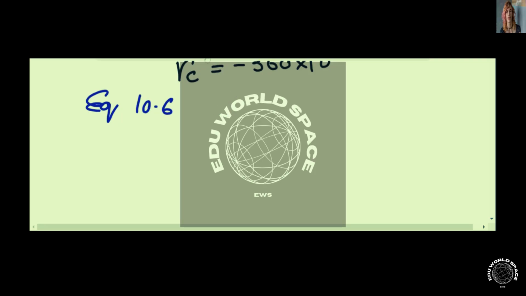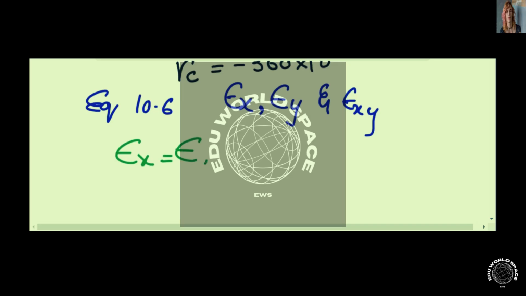So now, what are the strain components? They are the strains that are acting in the x and y direction, and the strain epsilon sub xy, right? Now, since the rosette is arranged in a 45-degree pattern, we can say that the strain acting in the x direction is equal to epsilon sub a.